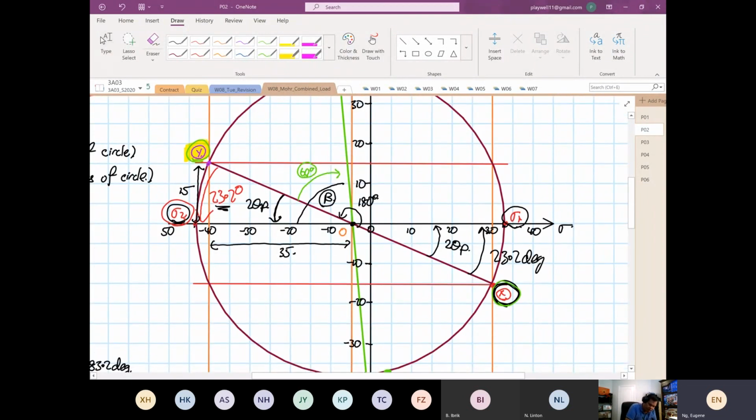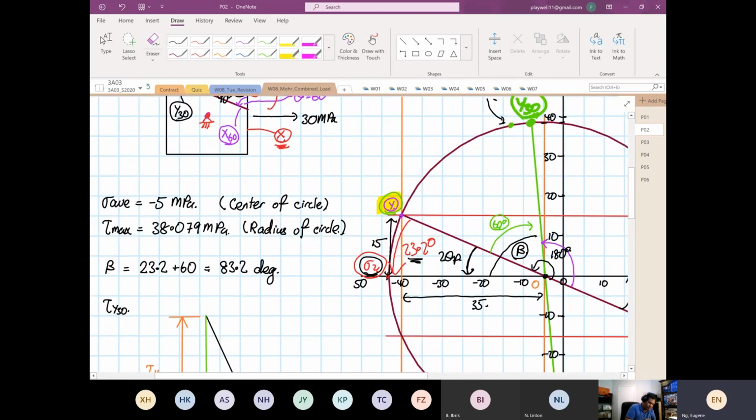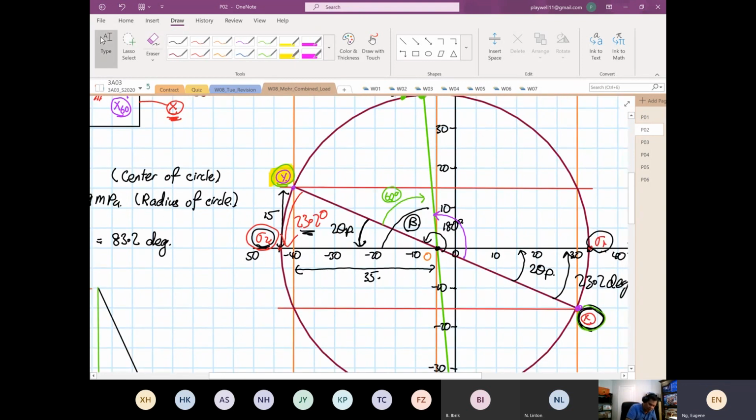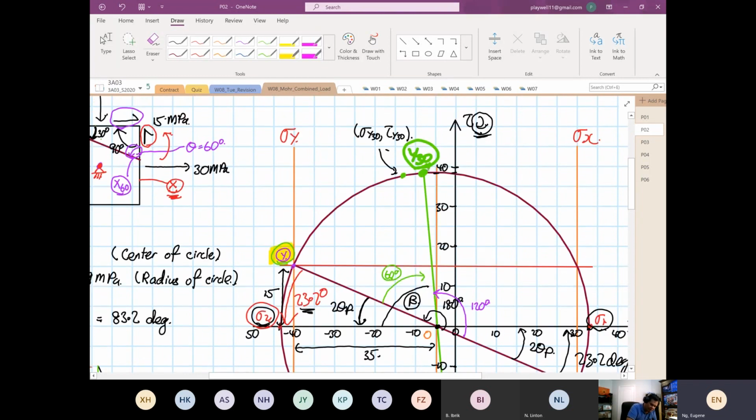So from point X now, you rotate 60 degrees, 120. So you will rotate 120 degrees anti-clockwise, right? Why anti-clockwise? Because this is going anti-clockwise. So this will be equal to 120 degrees also. So now you are going to label this point as X 60. The answer will be the same.